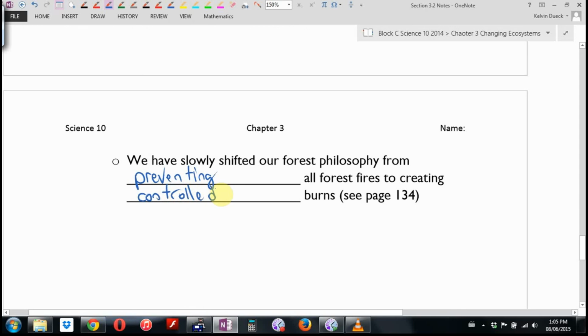Now, we won't do this, for example, a half a kilometer from Whistler Resort, but in areas where there aren't significant population outposts, let it burn in a controlled manner. That's actually healthy. And that's something that really has only changed in the past 20 years or so. I was always taught only you can prevent forest fires. I saw all the Smokey the Bear videos. Turns out, maybe we were wrong on that.